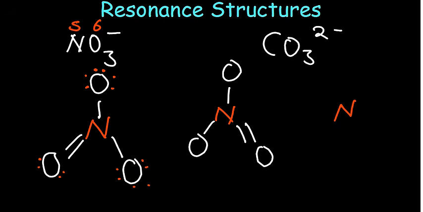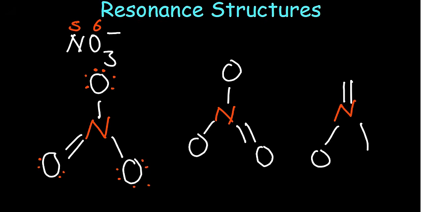So I can just remove that structure for now. So I can put the double bond on top and then the single bonds on the bottom. So this is what we're now calling the resonance structures. You being able to do that is resonance.